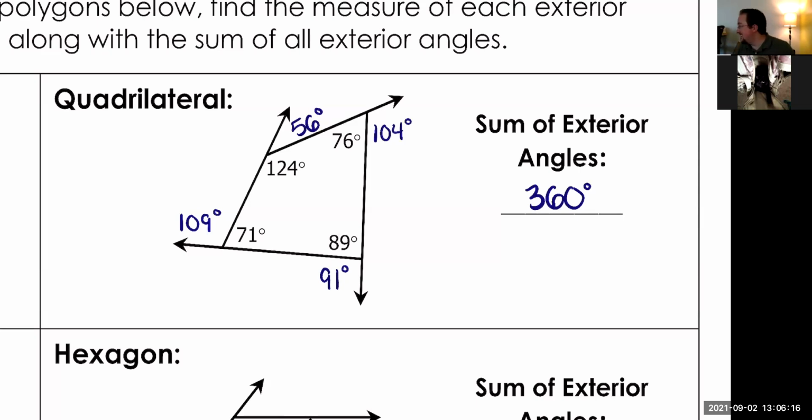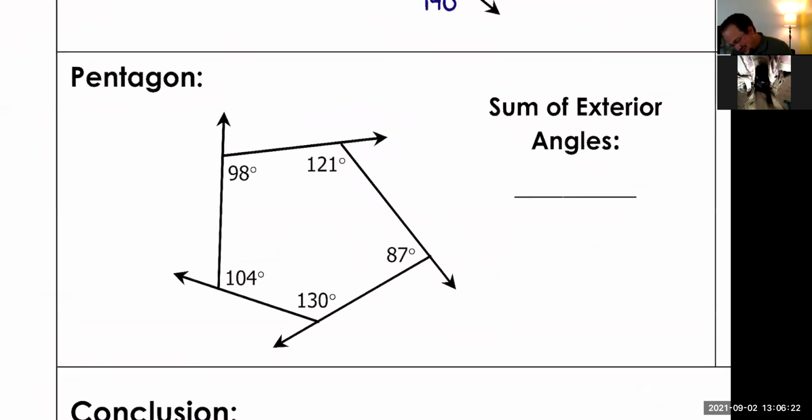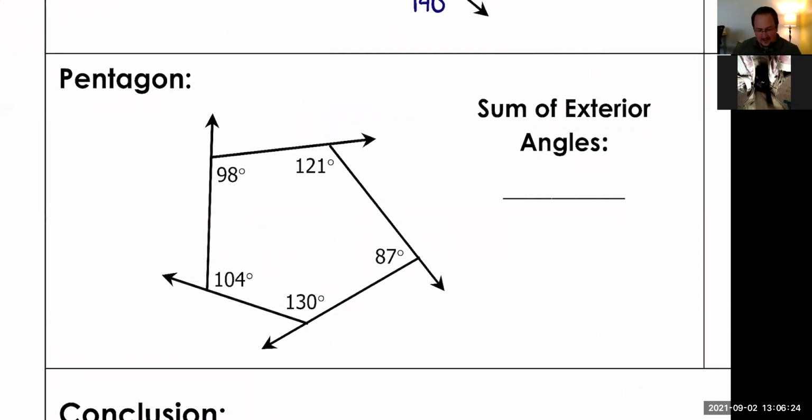For the sake of time, I'm going to help you with the calculations here real quick. If you guys want to just make sure they add at the end. I'm going to start at the 98-degree angle, work my way clockwise from there.